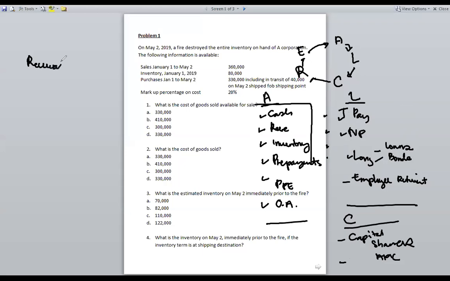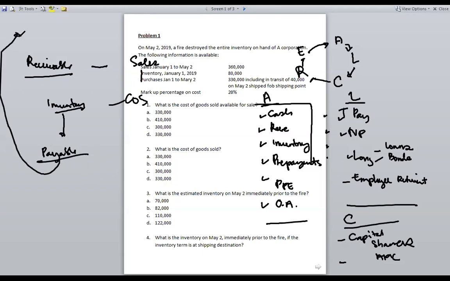Receivable is connected to sales. Tama? And your sales is connected to your cost of sales. Your cost of sales is connected to your inventory. Your inventory is connected to your payable. Your payable is connected to your cash. It's also connected to your available funds, your equity. It's also connected to your long-term liabilities.